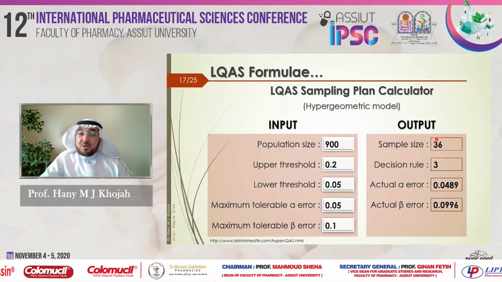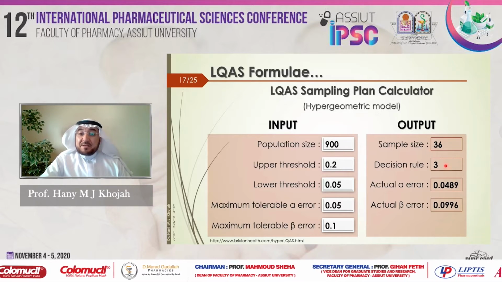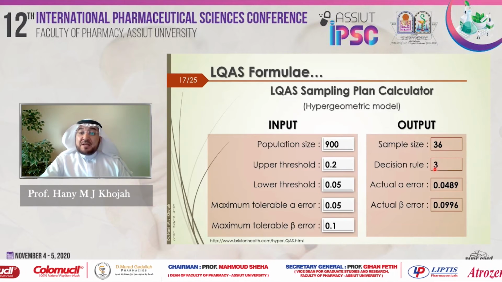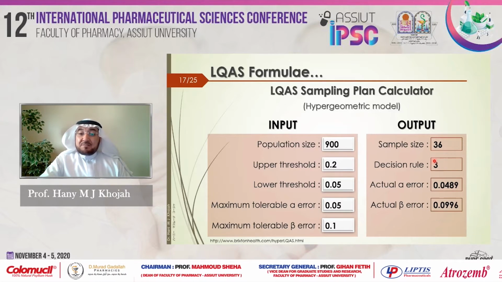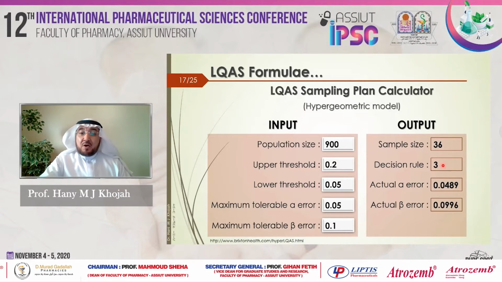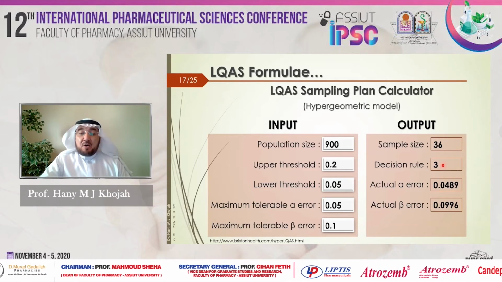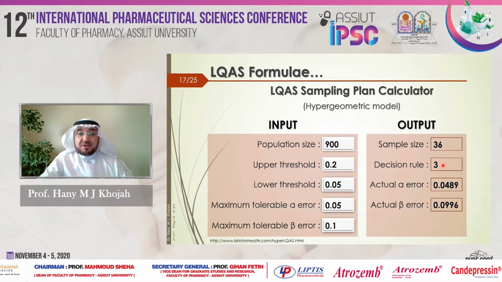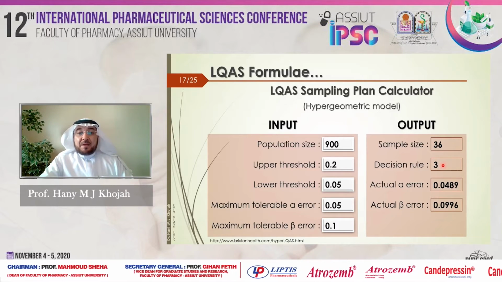You can see how small this sample size is. The decision rule is 3. It means finding more than 3 bad pharmacies will make us reject the whole lot. So we can say the whole city or the whole region is rejected.